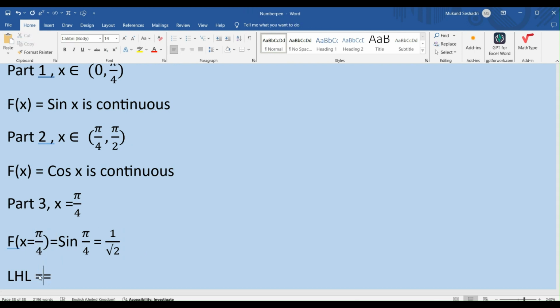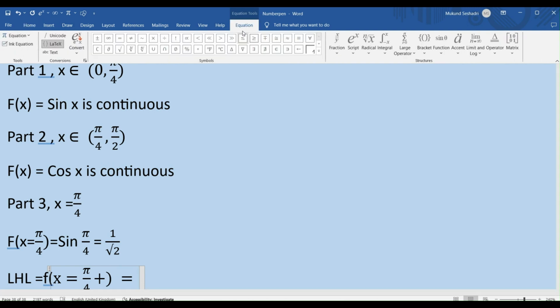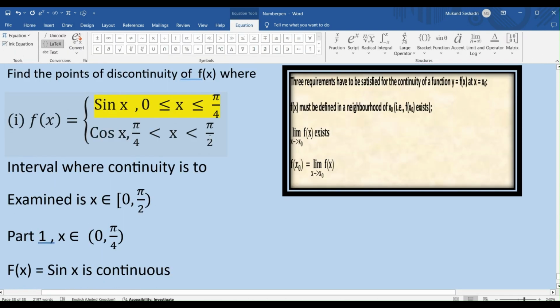Here I will have to pick out the limits. For x greater than pi by 4, this function takes the value cos x.